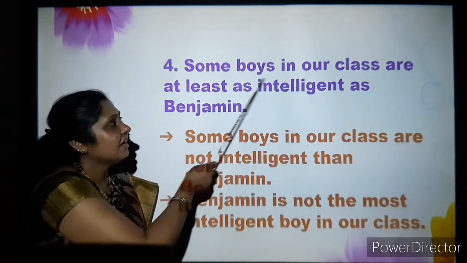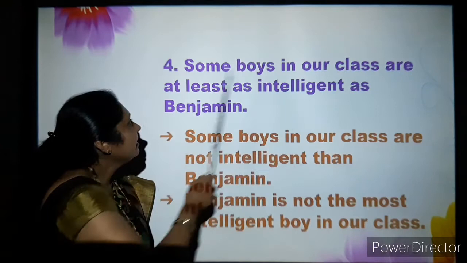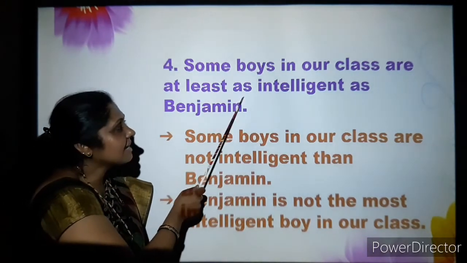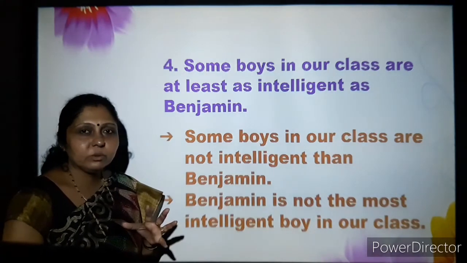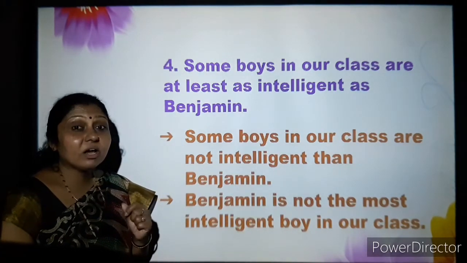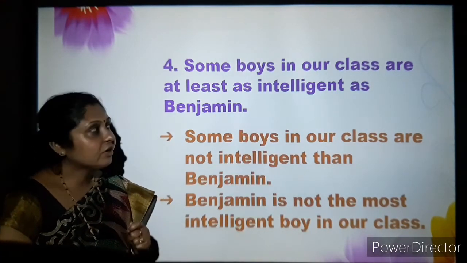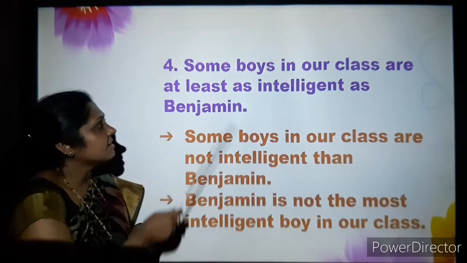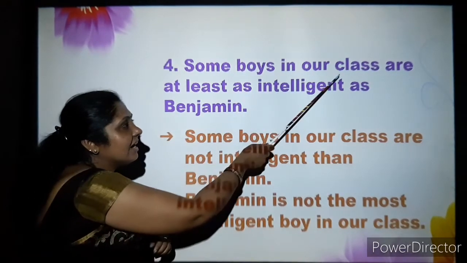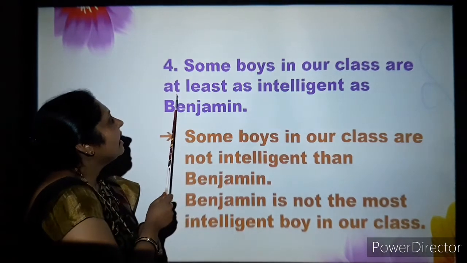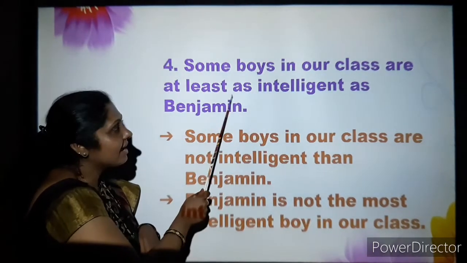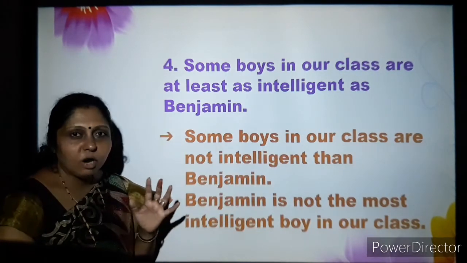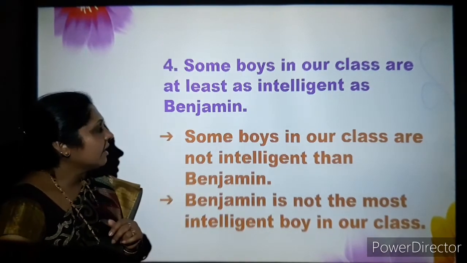Some boys in our class are at least as intelligent as Benjamin. See, now you are doing the comparison wherein you are referring to the least. Some boys in our class are at least as intelligent as Benjamin. So you all know it is positive degree.